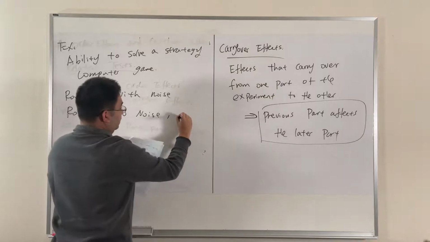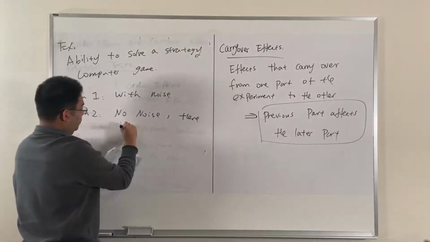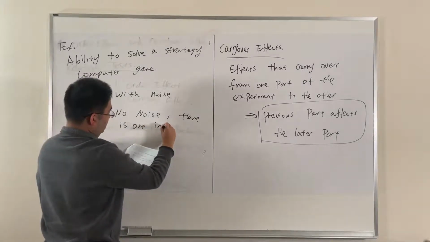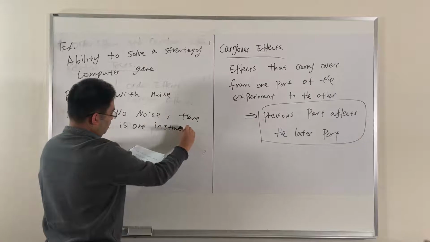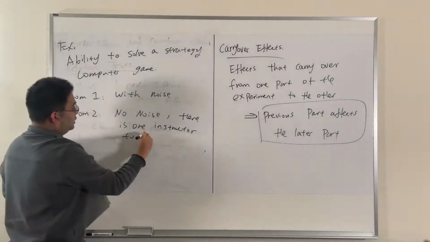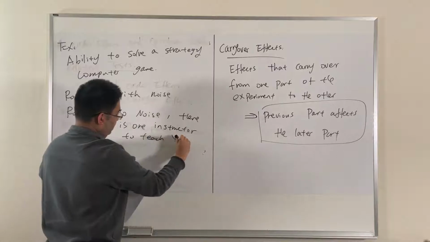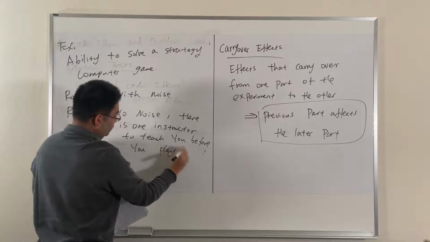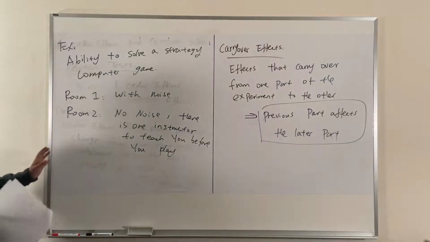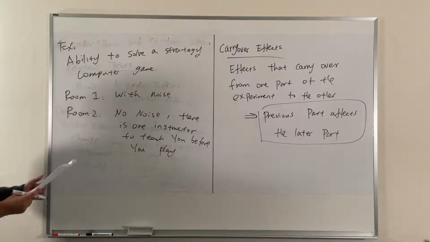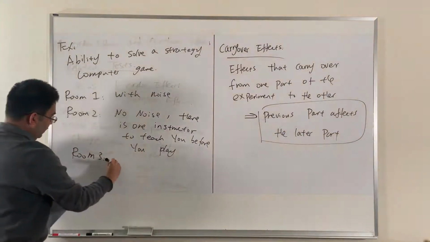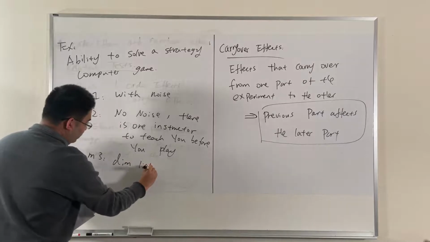And there's one instructor to teach you how to play before you play. So that's room 2: no noise, and there's one instructor in the room to teach you how to play before you play. And then room 3, dim light. The lighting is not very good in room 3.